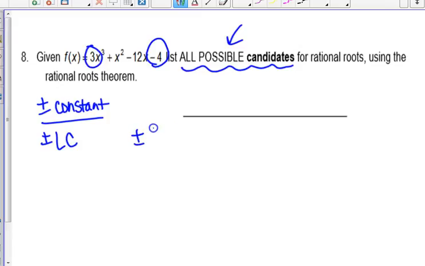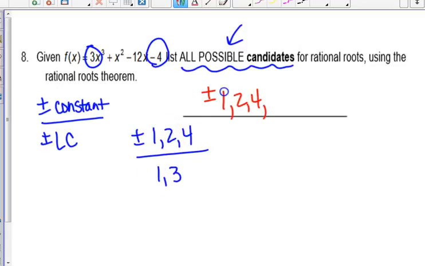Well, things that make 4 are 1, 2, and 4. Things that make 3 are 1 and 3. So to write them all out, I say 1 over 1, 2 over 1, 4 over 1, which would be 1, 2, and 4. Then I put 1 over 3, 2 over 3, and 4 over 3. There's the list. That's it.